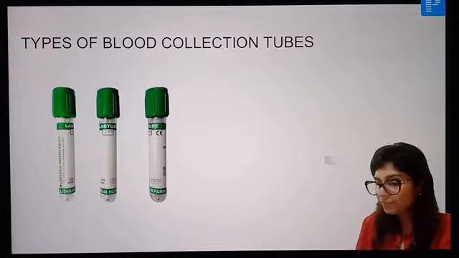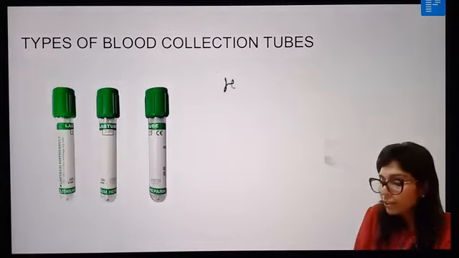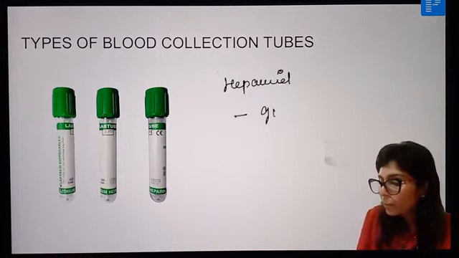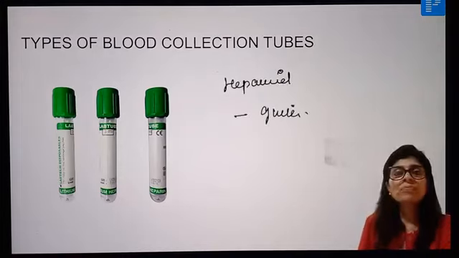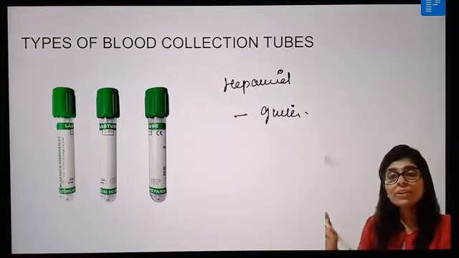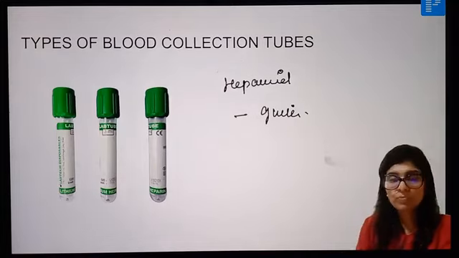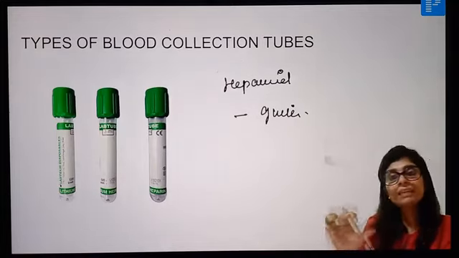Then green top tube is a heparinized tube. And when will you use a heparinized tube? Whenever you want a quick biochemical analysis. Usually for biochemistry, you want a serum sample. Whenever you need a serum sample, you should collect that sample in a red top tube. So for biochemistry, it is a red top tube.